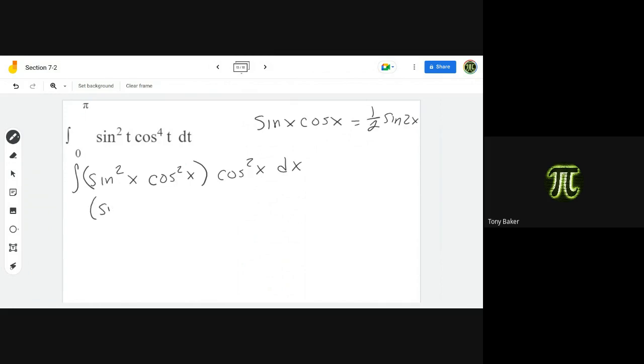So I've got to change this to sine x cosine x squared, which then gives me 1/4 sine 2x squared. One half, not 1/4, I was one step ahead. Cosine 2x dx.